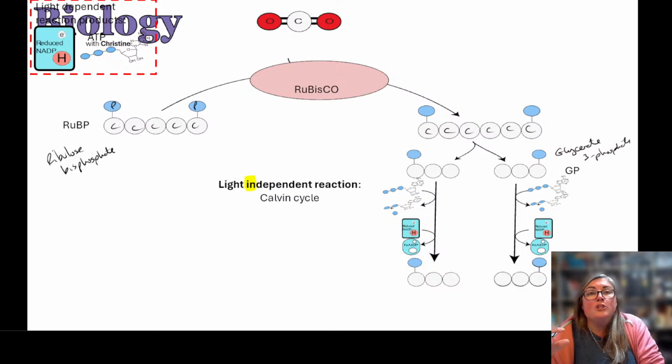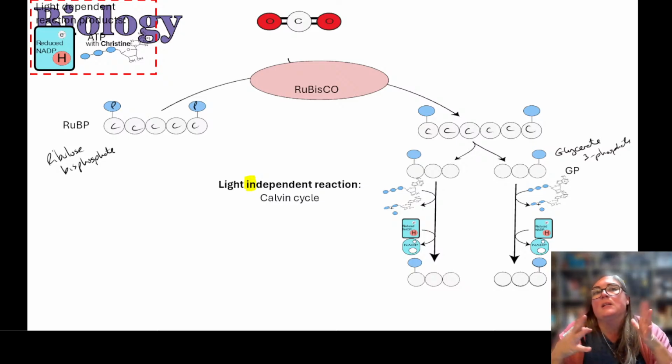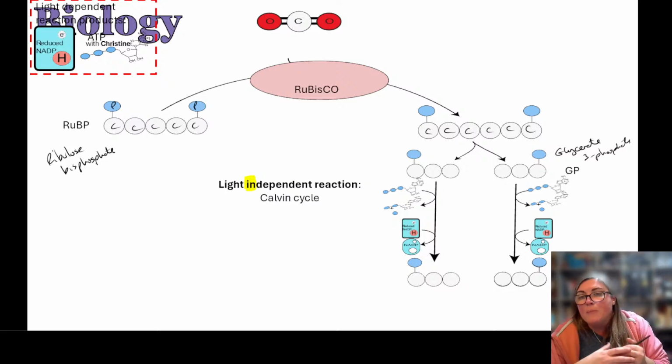My reduced NADP cannot drop off its hydrogens by reducing GP to TP. Therefore, cyclic photophosphorylation can occur, but not the non-cyclic photophosphorylation, because there's no oxidised NADP able to pick up the hydrogens and electrons from the light-dependent reaction.